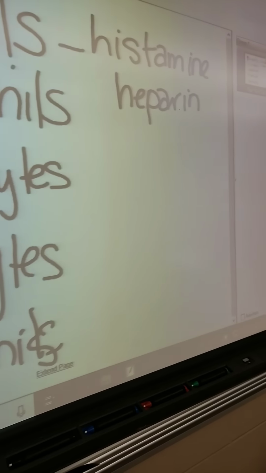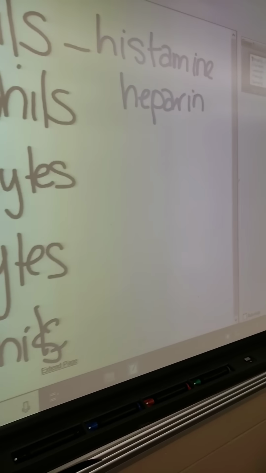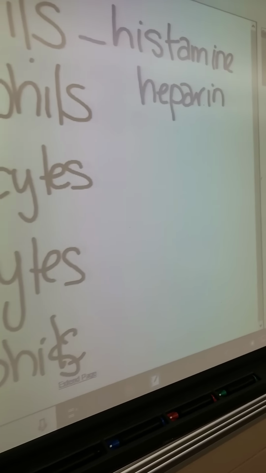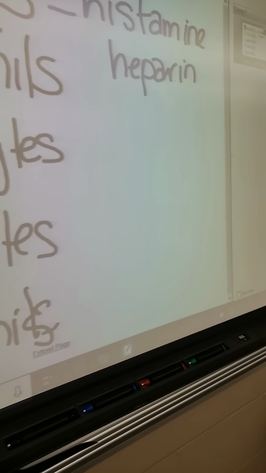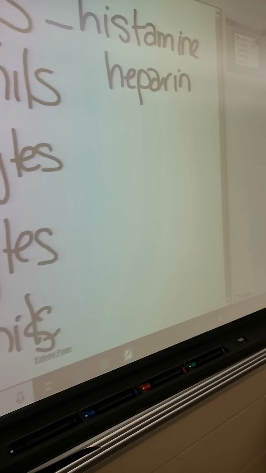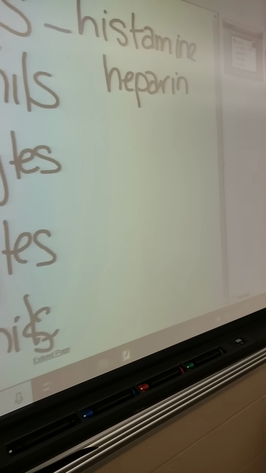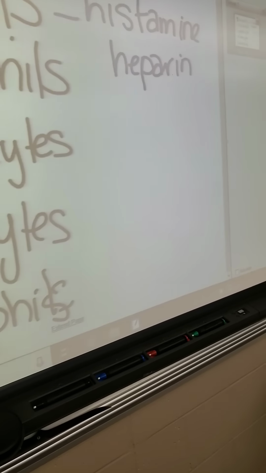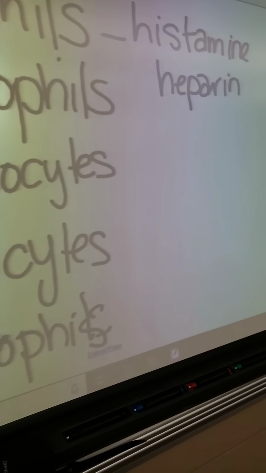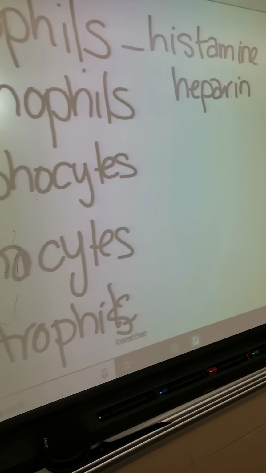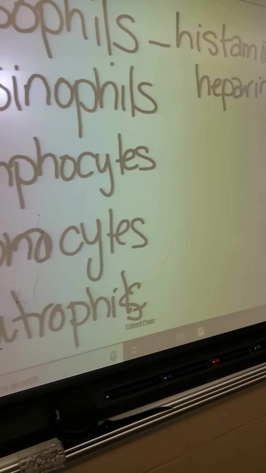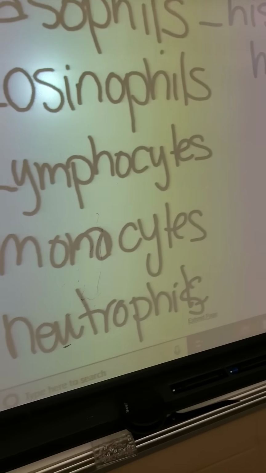Now, the eosinophils, number 2, detox foreign proteins and help with allergic reactions. The lymphocytes mature in the lymph nodes, and they help with the immune response, helping to keep you well.